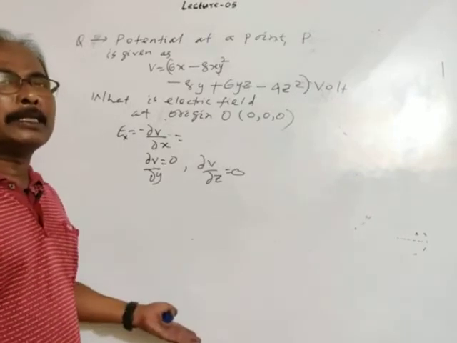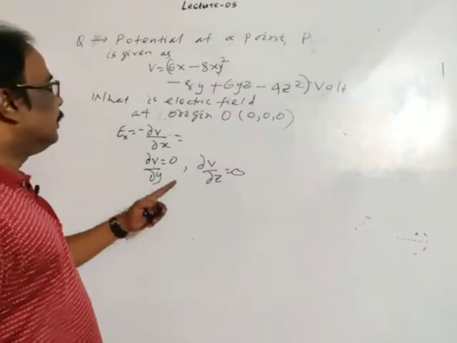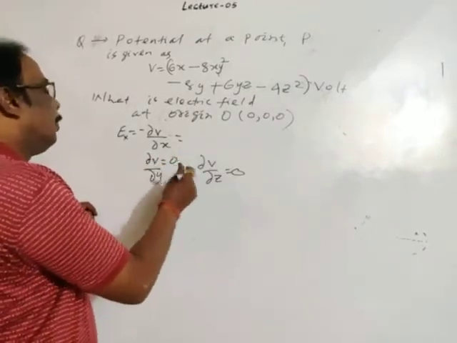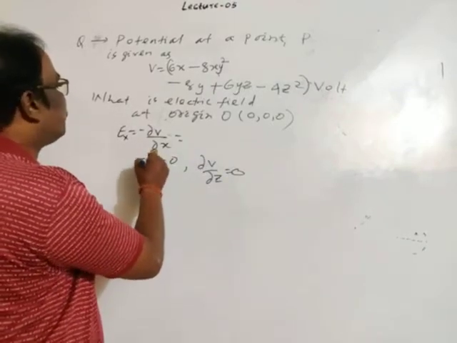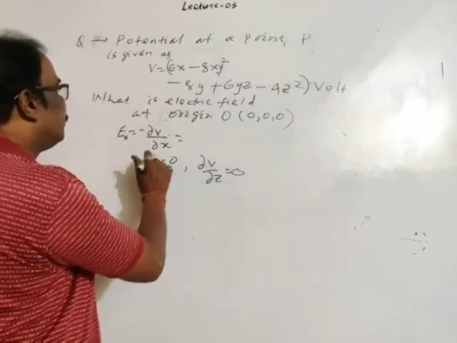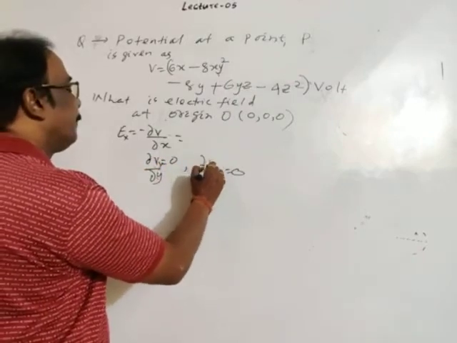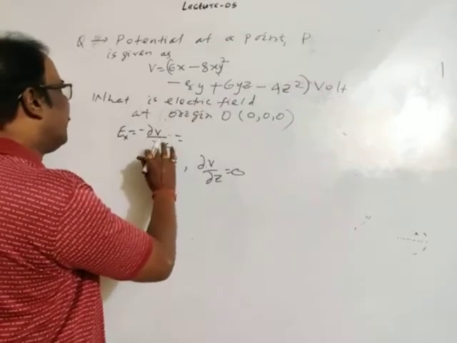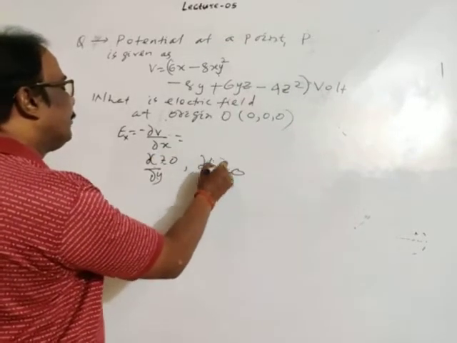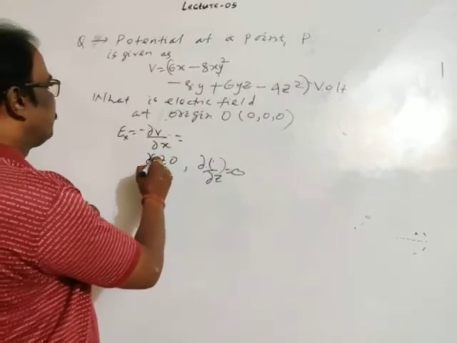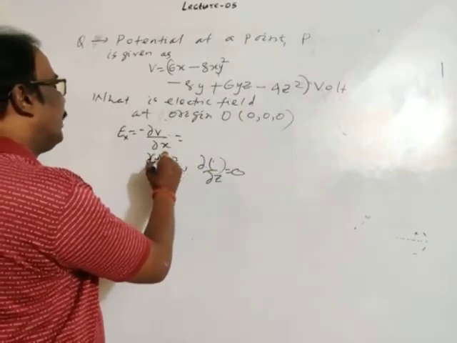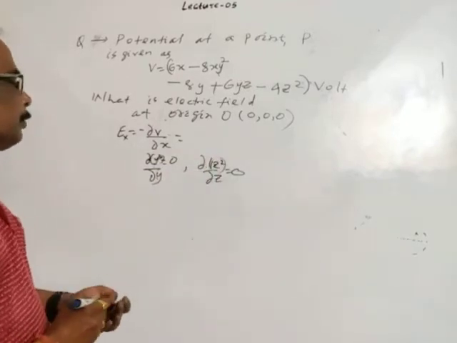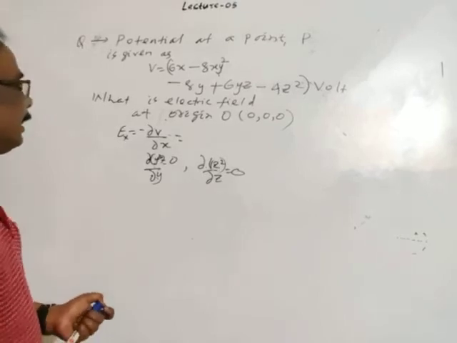Y and z coordinates are taken to be constant, so any value of y or z gives 0, because we are considering the electric field along the x-axis.